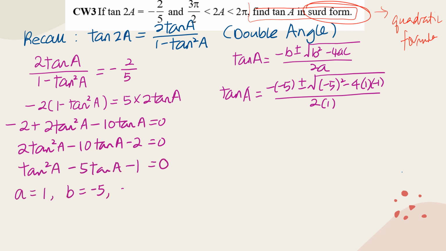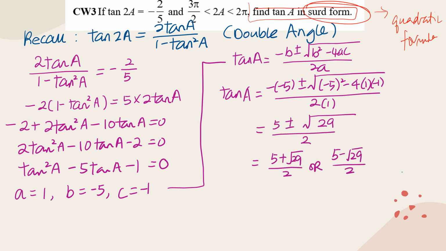Right, so from the quadratic equation involving trigo functions, you write down the values of a, which is 1, b is -5, c is -1, and then we use your quadratic formula to help you find tangent A. All right, so you end up again having two answers, one positive, one negative.